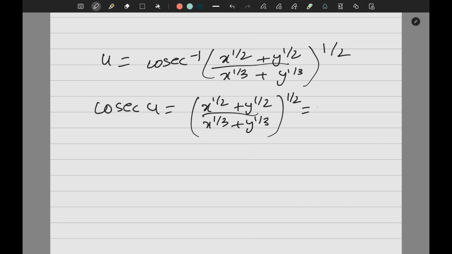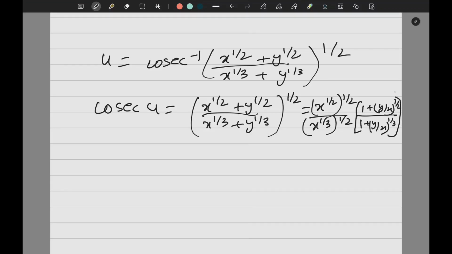So what is common from the numerator? x to the power 1 by 2 common, but the whole has a power 1 by 2. Denominator x to the power 1 by 3, to the power 1 by 2. And here you will be left with 1 plus (y by x) to the power 1 by 2, upon 1 plus (y by x) to the power 1 by 3, and the whole to the power also 1 by 2. Correct?